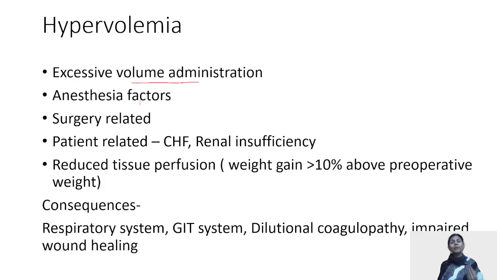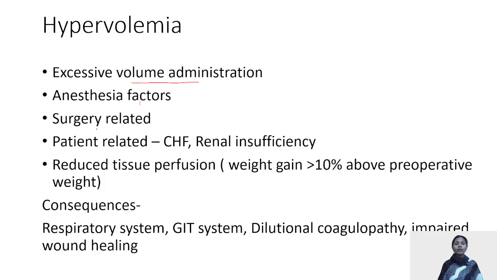But there is a limit to preloading the patient also. Preloading does not mean that you give 1000 to 1500 ml of fluid overzealously to the patient before giving spinal anesthesia. It means that preloading has to be done at 10 ml per kg, which has to be given over 30 to 60 minutes.